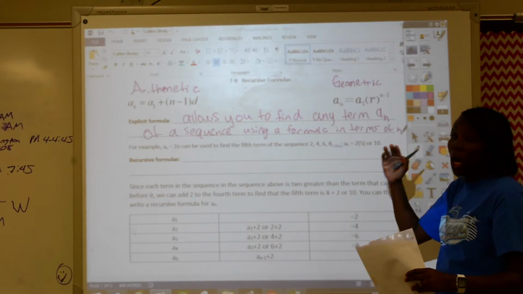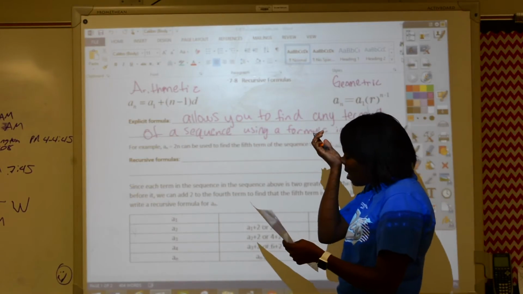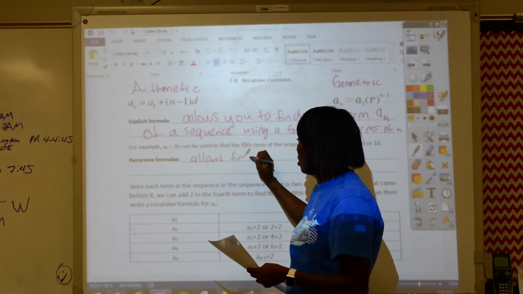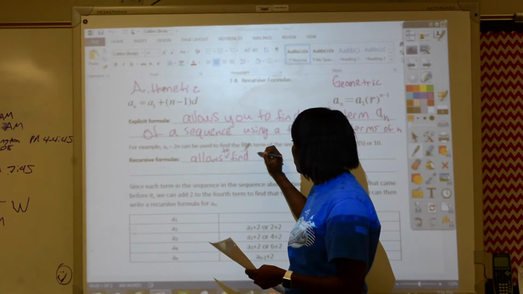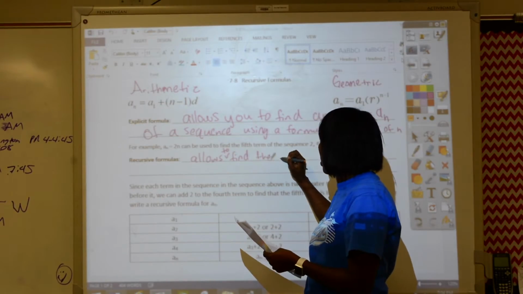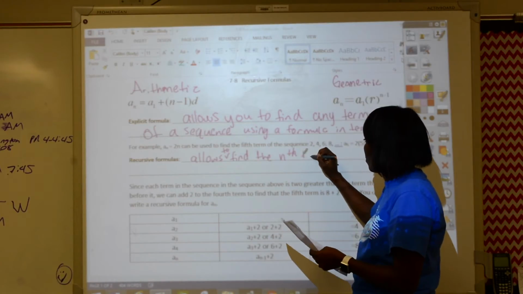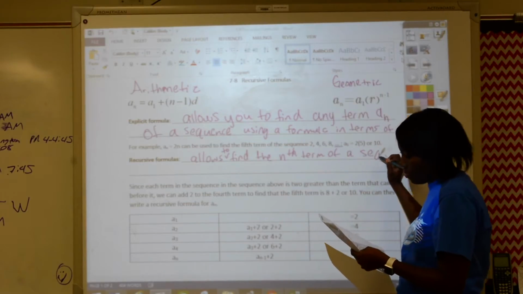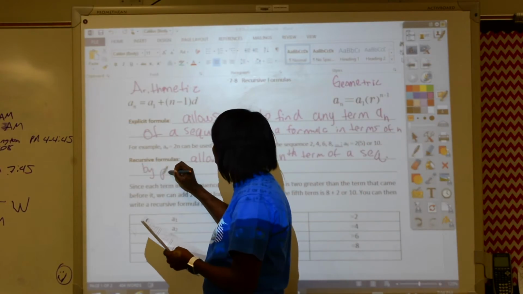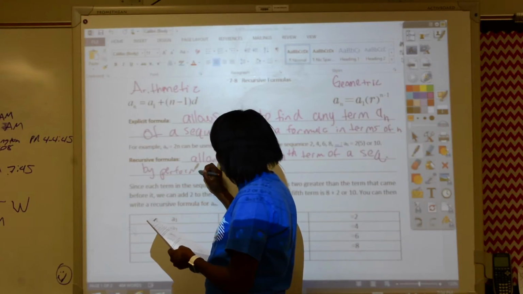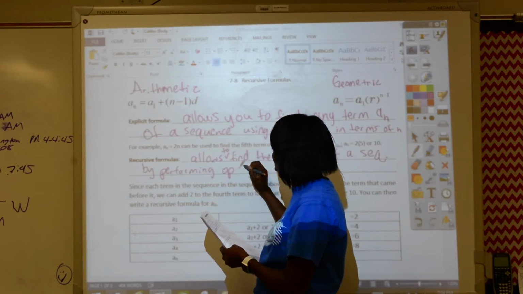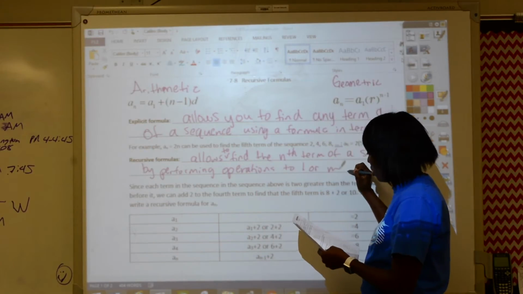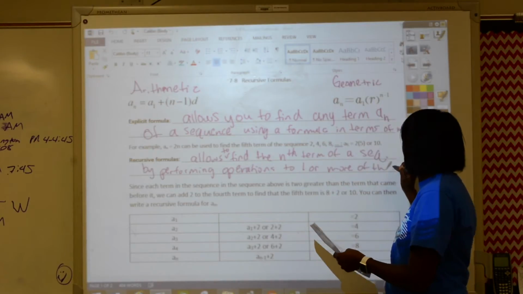Got it? A recursive formula is a way that allows us to find, if I do the politically correct way, the nth term of a sequence by performing operations to one or more of the preceding terms.